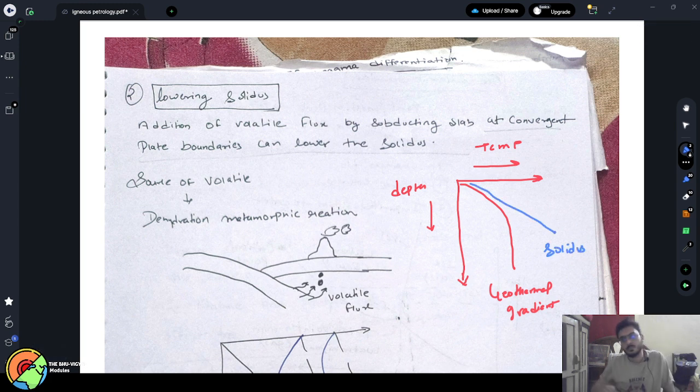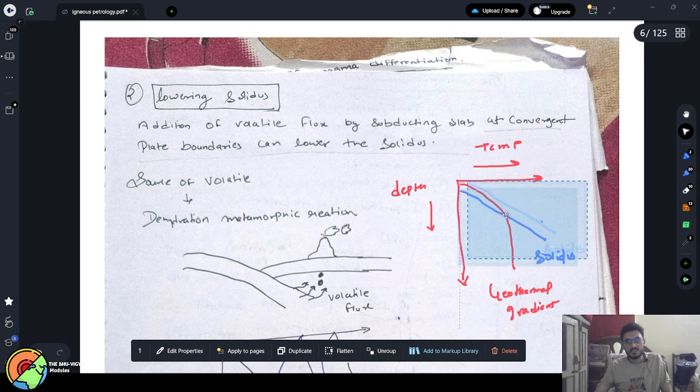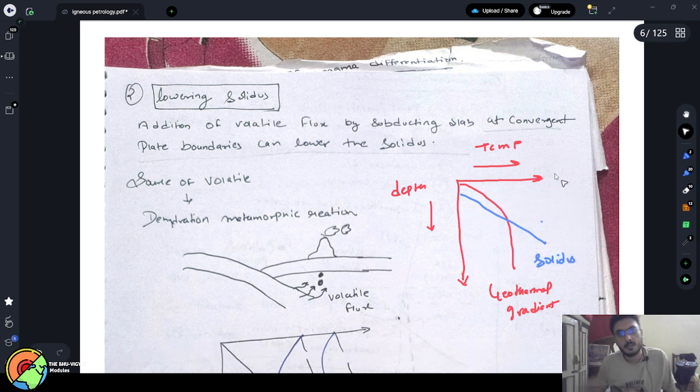If we decrease this solidus like this, then also you can see the geothermal gradient is crossing the solidus curve, and melting will generate. So if you decrease the solidus like this, then also your melting will start.